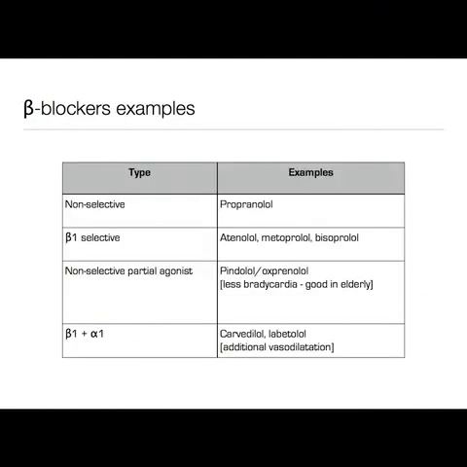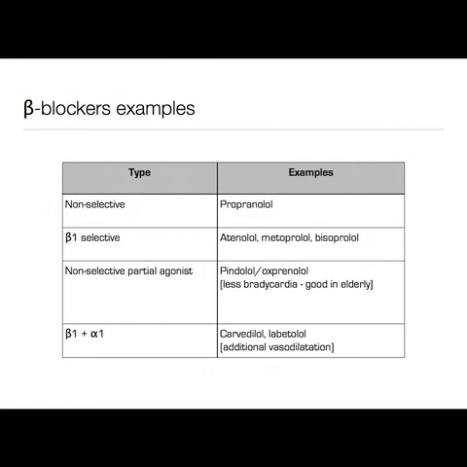An example of a non-selective beta blocker is propranolol, a drug that is commonly used to treat symptomatic anxiety and hypothyroidism. The selective beta blockers are metoprolol, bisoprolol, and atenolol. Importantly, the non-selective partial agonists such as oxprenolol and pindolol have an intrinsic sympathomimetic effect, as they are able to both block and stimulate adrenergic receptors.